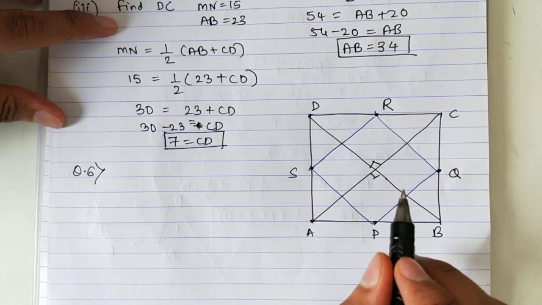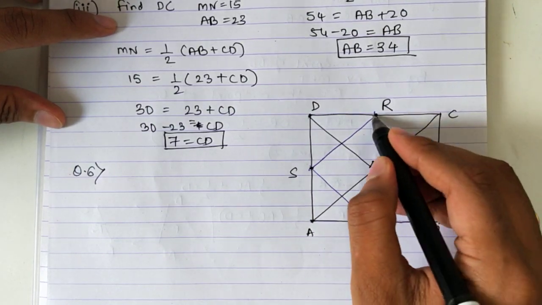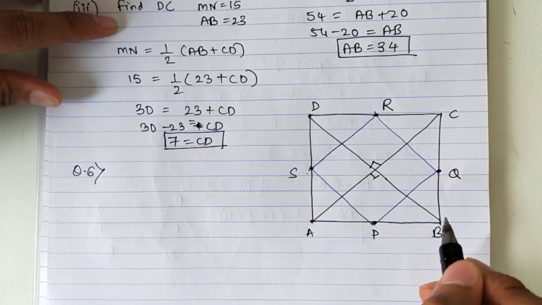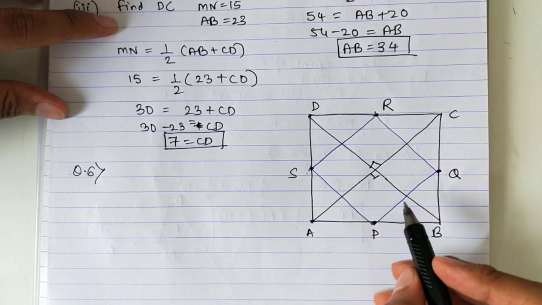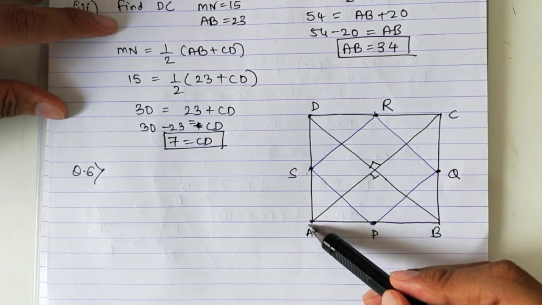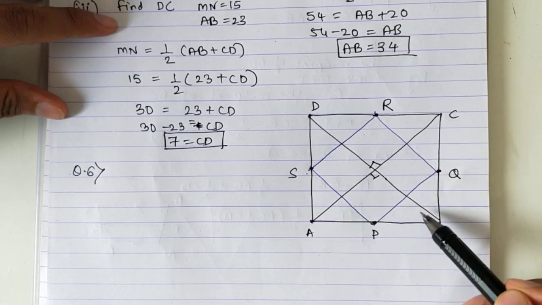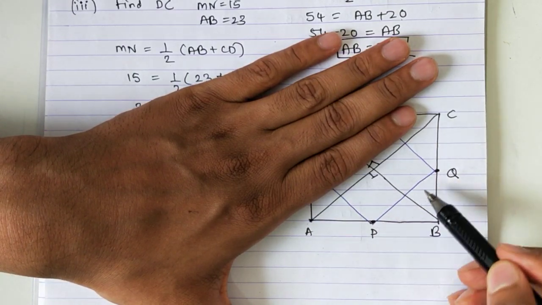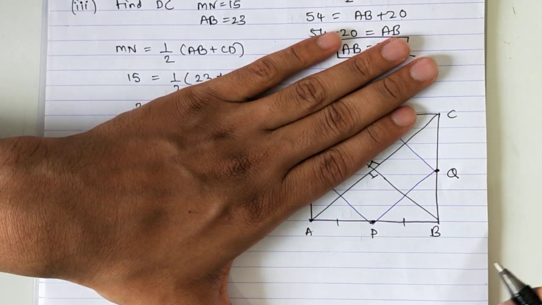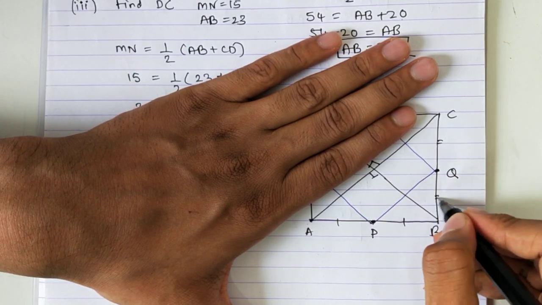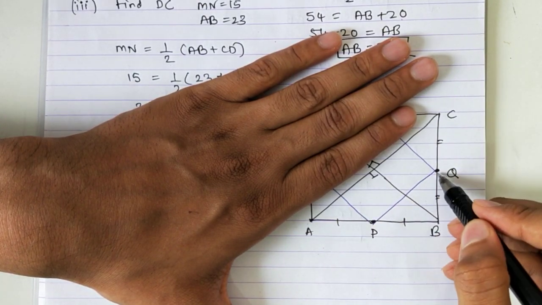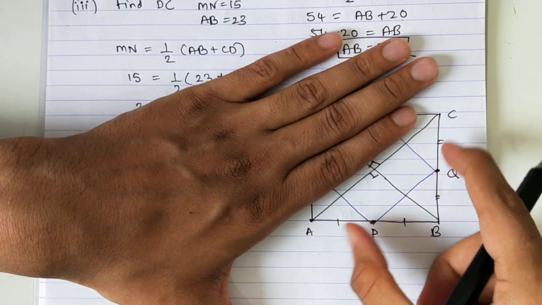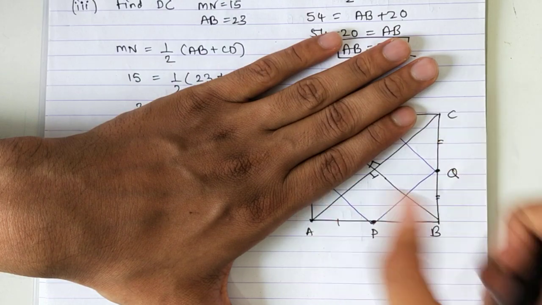First we know the information given is that P, Q, R, S all are midpoints. We had done a similar sum before. So let's see this triangle first, A, B, C. Cover this part. See this triangle. In this triangle, P and Q both are midpoints. That means PQ is half of AC. Correct? By midpoint theorem, PQ is half of AC and PQ is parallel to AC.